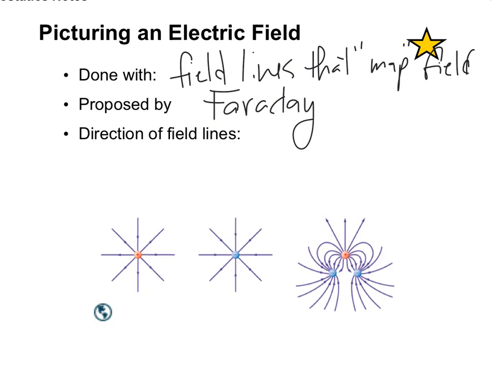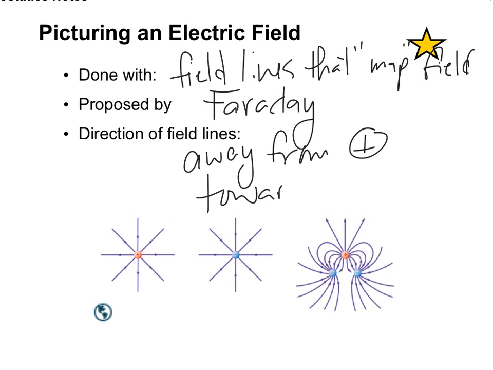But if we want to talk about the direction of the field lines, those give an indication of the types of charge. So they always point away from positive charges and towards negative charges. So here I've got a positive charge at the middle.